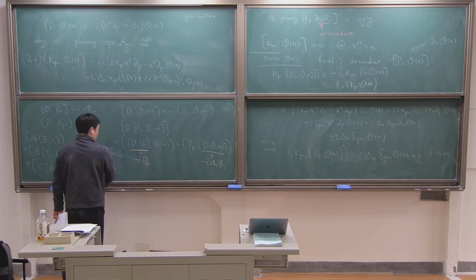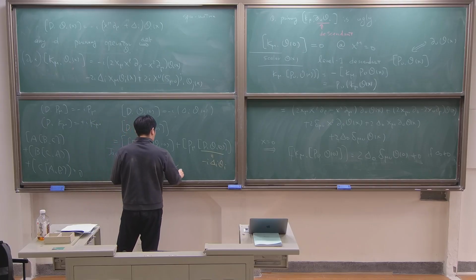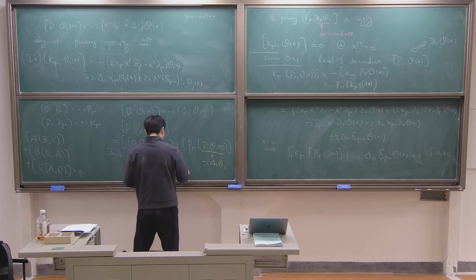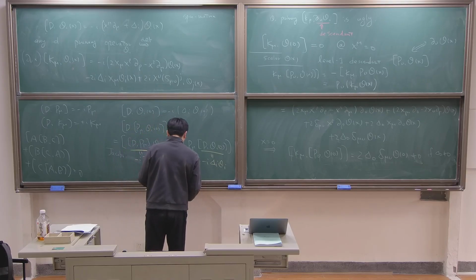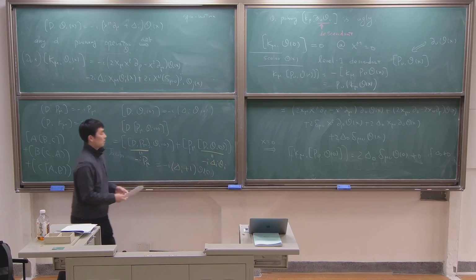At the end of the day, what you get is minus I delta I plus 1 times P mu O I. Okay.